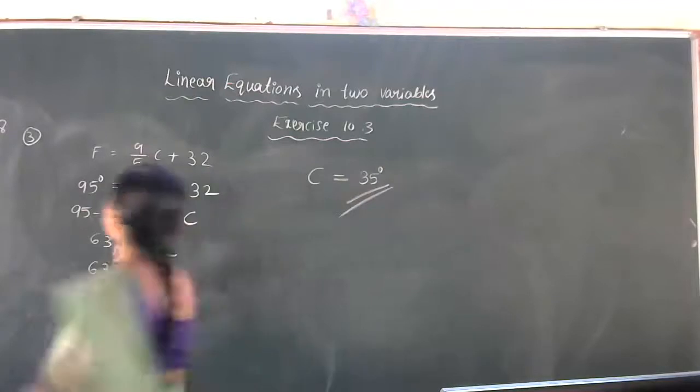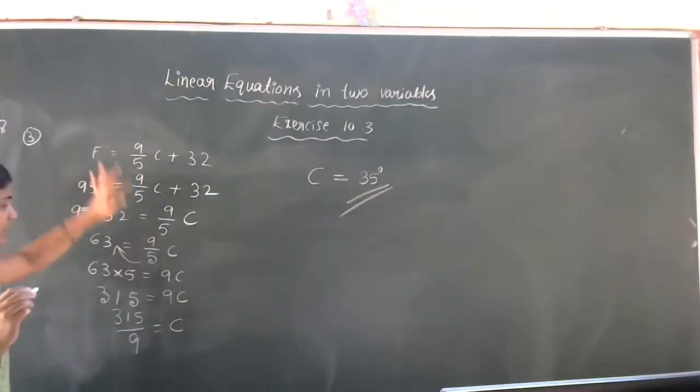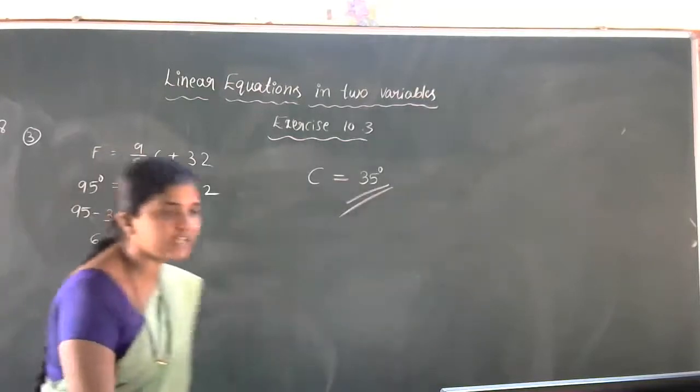So if the Fahrenheit scale is 95 degree, when we convert this to Celsius scale, it is 35 degrees Celsius.